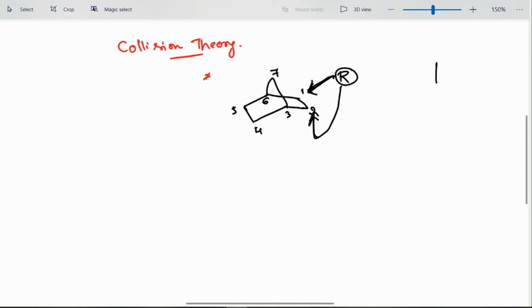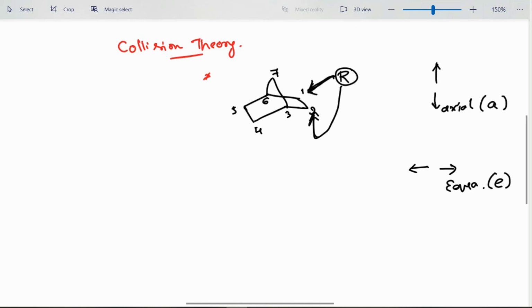That is, if it is perpendicular in this direction or in this direction, this is called an axial attack. If it is in this direction or from this direction, then it is called an equatorial attack. So one is axial attack, one is equatorial attack. Axial attack is denoted by the symbol A, and equatorial attack is denoted by the symbol E.